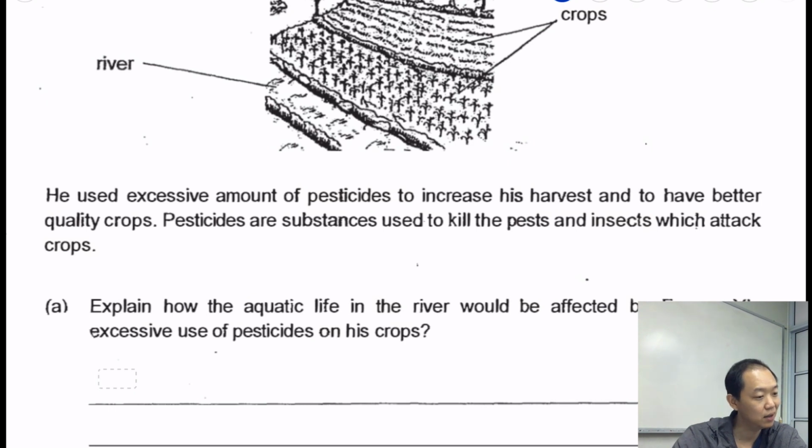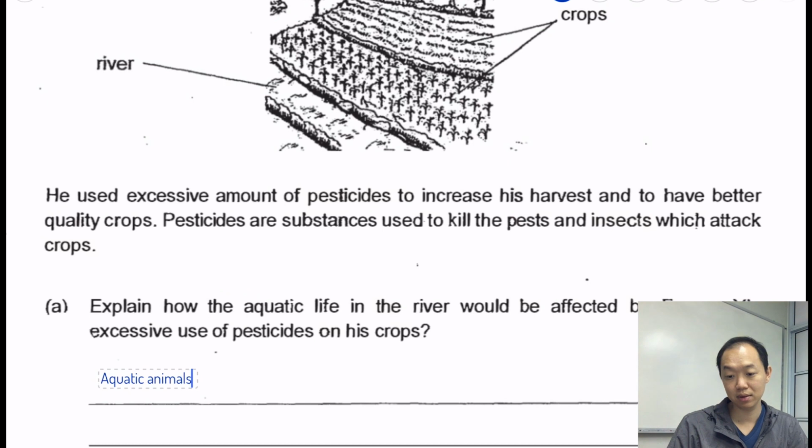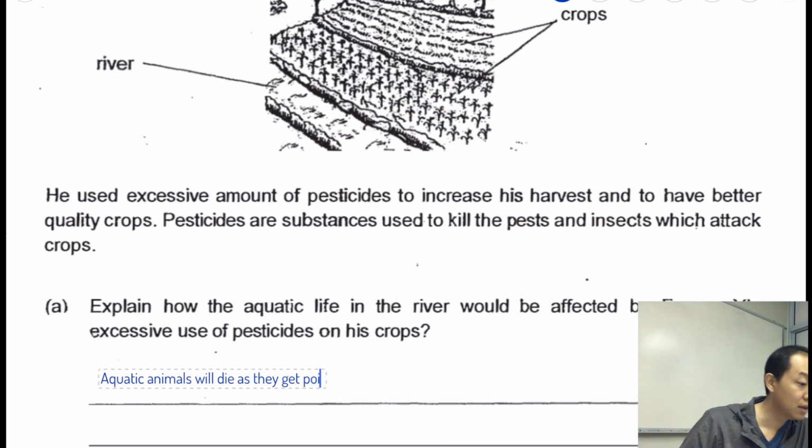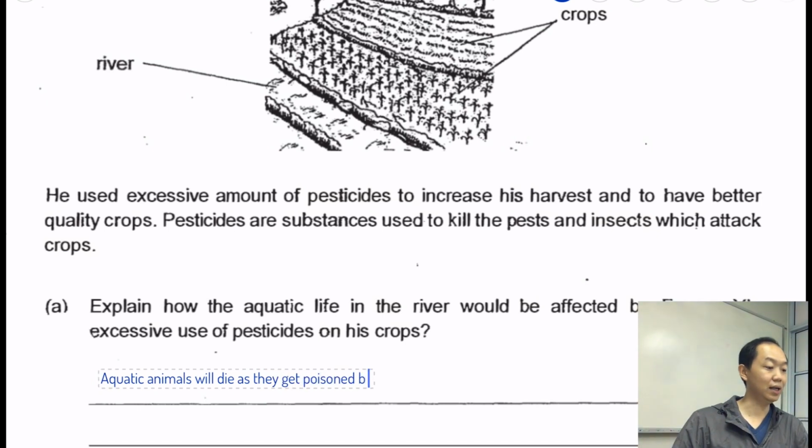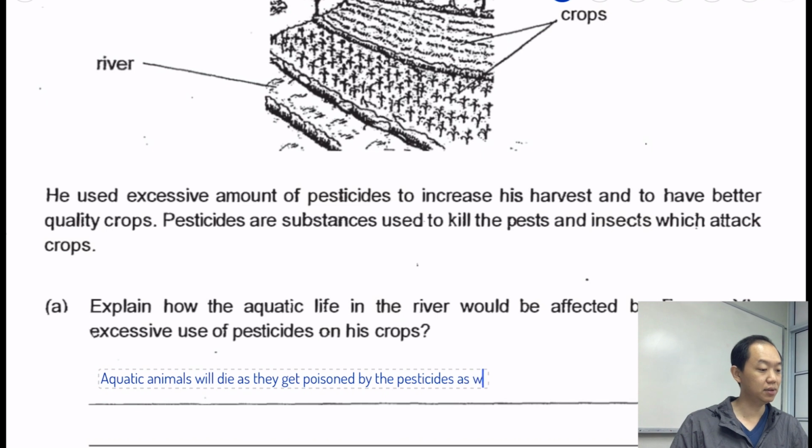So basically aquatic animals will die as they get poisoned by the pesticide as well. Okay? Later I'll show you the Pedal Pop song.